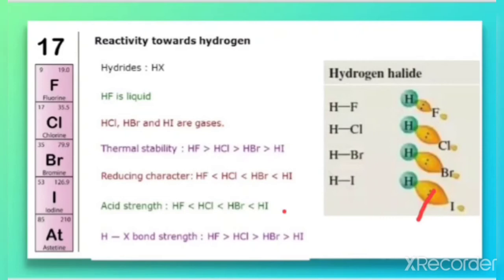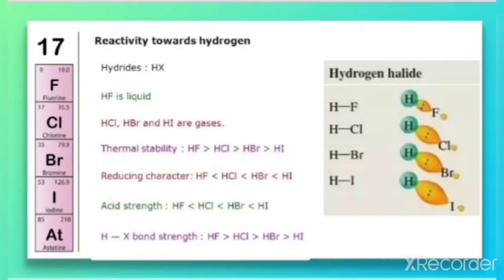This property is also compared with the help of bond length. So then HBr, then HCl, HF. So we can say that HI is the strongest acid among the hydrogen halides of group 17 elements.